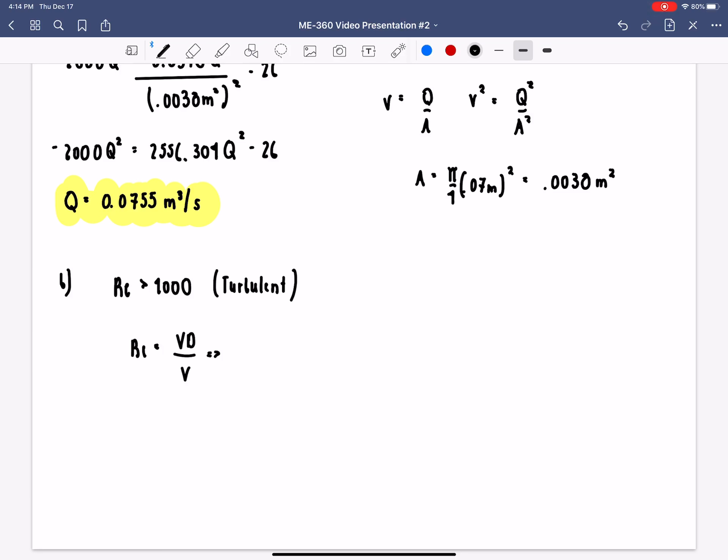And now that we have our volumetric flow rate from the previous part, we can solve for our velocity, which is just equal to Q over A, which is equal to 0.0755 meters cubed per second divided by our area, which we calculated above. And our velocity comes out to be 19.628 meters per second.